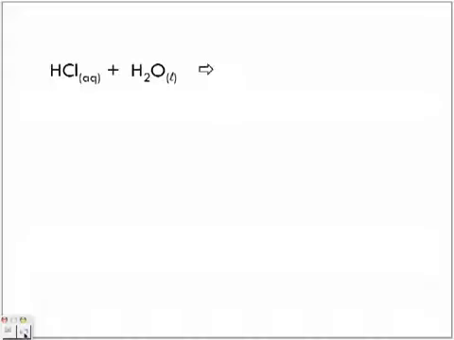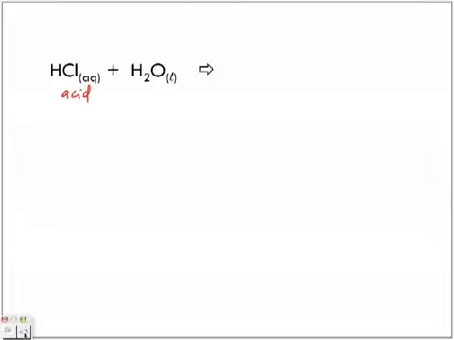So here we have hydrochloric acid and water. Obviously we know which one is the acid: the hydrochloric acid. So we know this has got to be the acid, which means water has to act as a base.